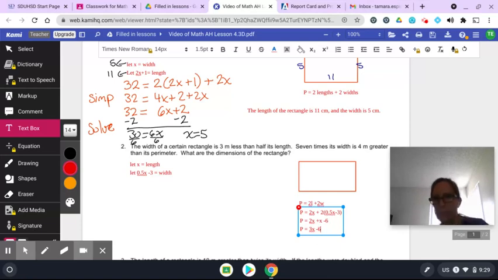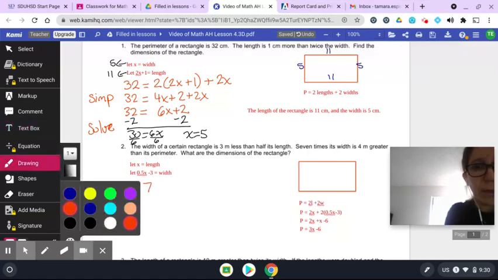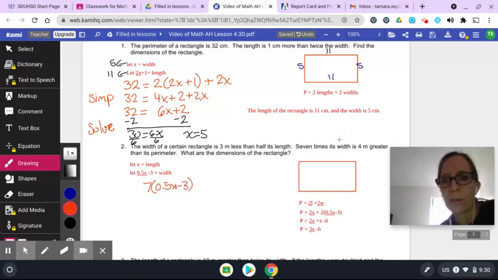Before we stick it into the equation, it is good to simplify it. Otherwise, your equation is going to look gnarly. So now I can start over here with my equation. 7 times its width. I have 7. Its width is half x minus 3. 7 times its width, I took care of that, equals 4 meters greater.